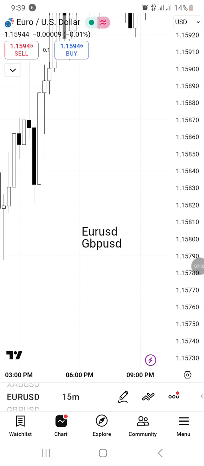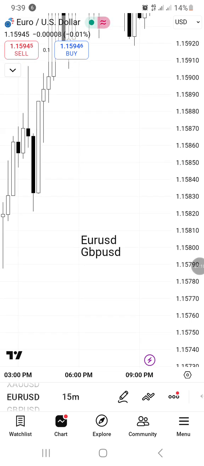So for all pairs having USD as their base, remember, this is Euro USD, and USD is the quote in this pair. So if it's buying, all the pairs that do have USD as their base will be selling, because the USD will be weakening, right?